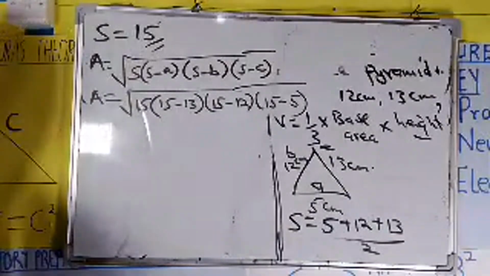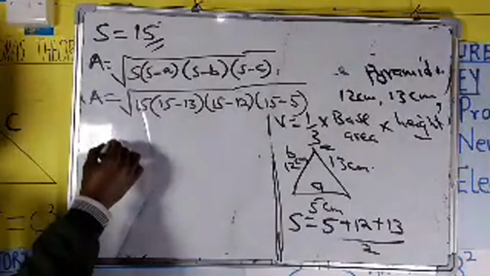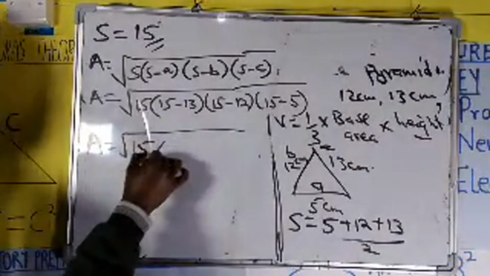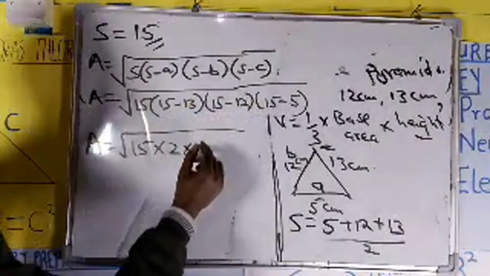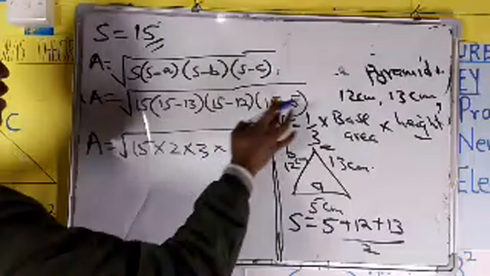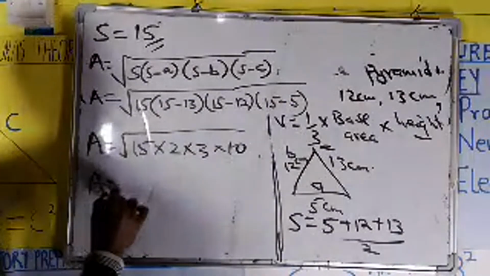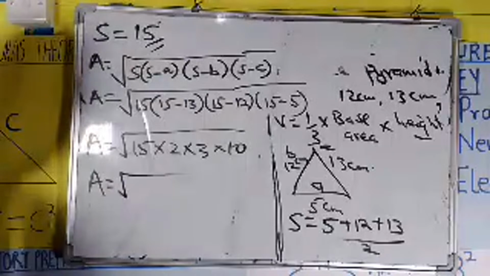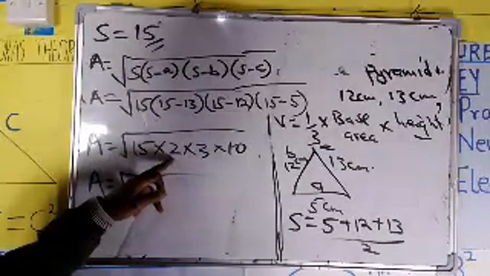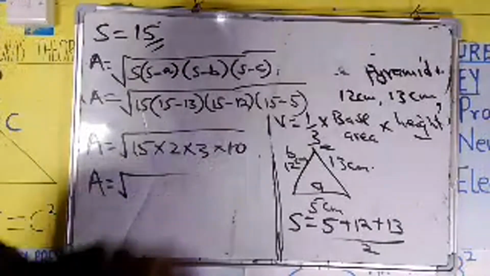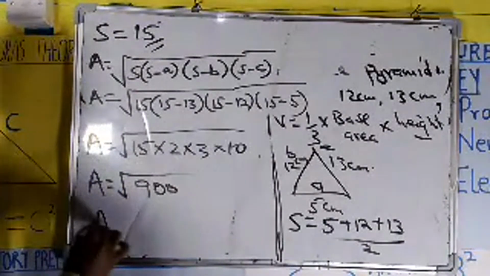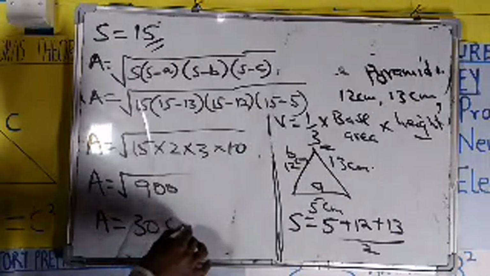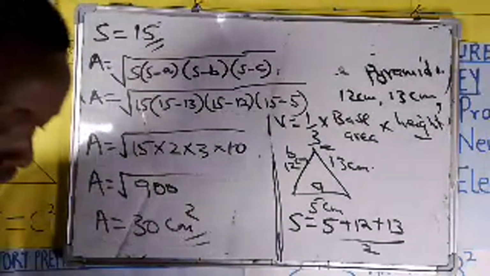We get the square root of 15 times 2 is 30, 30 times 3 is 90, 90 times 10 is equal to 900. So the square root of 900 is 30. So our area will be 30 centimeters squared.